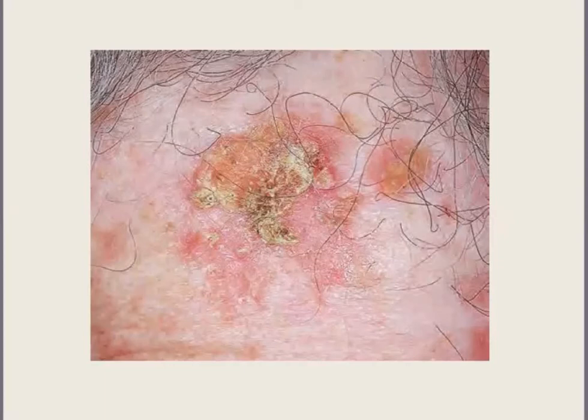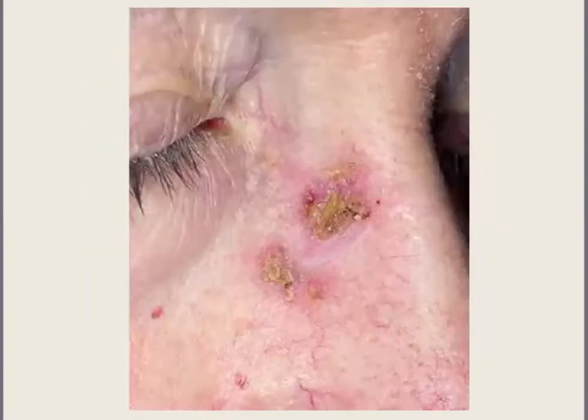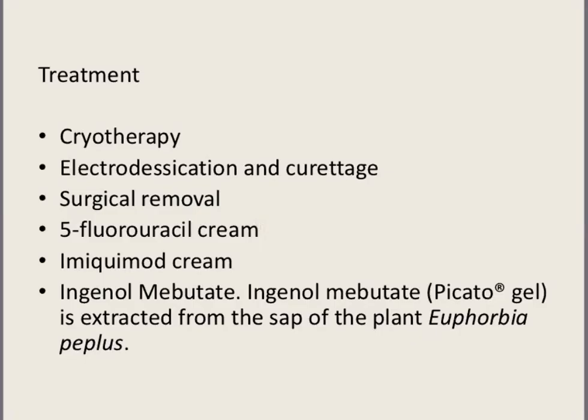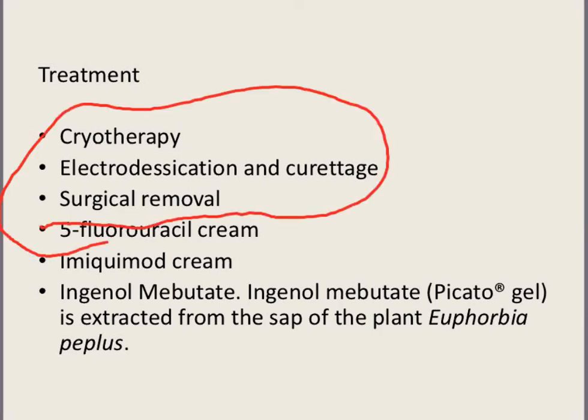واضح. Okay. AK actinic keratosis or solar keratosis. Main cause طبعا chronic unprotected sun exposure. Okay. Treatment, many treatment modalities: cryotherapy, curettage, surgical removal, creams, and there is a gel called Picato gel. هذا موجود بأستراليا.